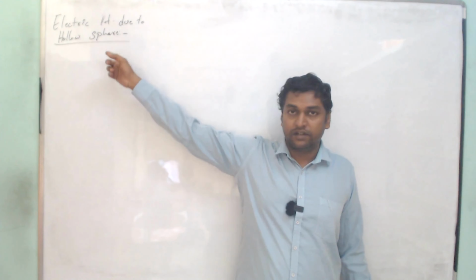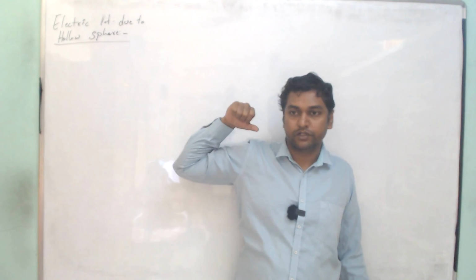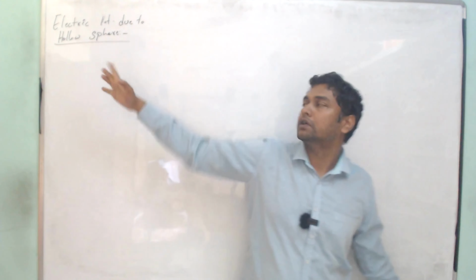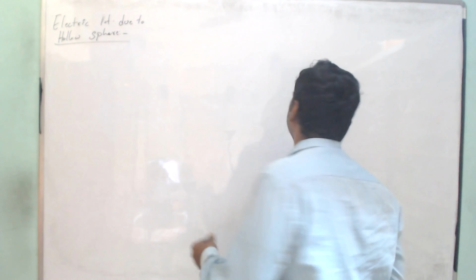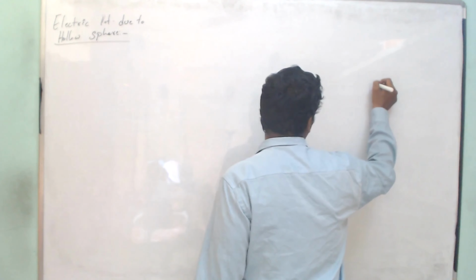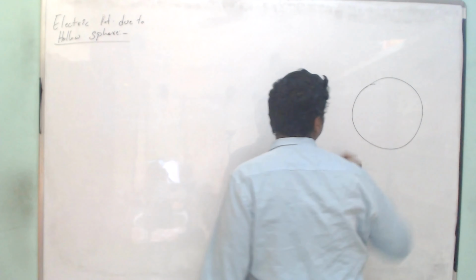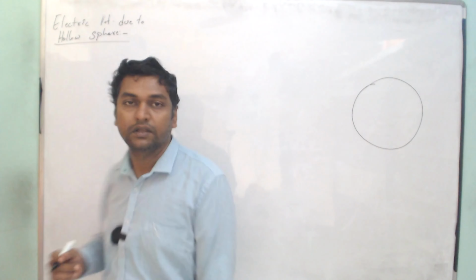Electric potential due to a hollow sphere, we haven't done yet. Okay. So, simply easy thing. We have already discussed the electric field due to a hollow sphere, right? Inside a hollow sphere. Right?